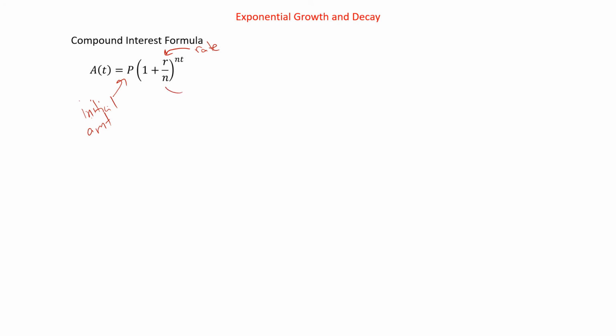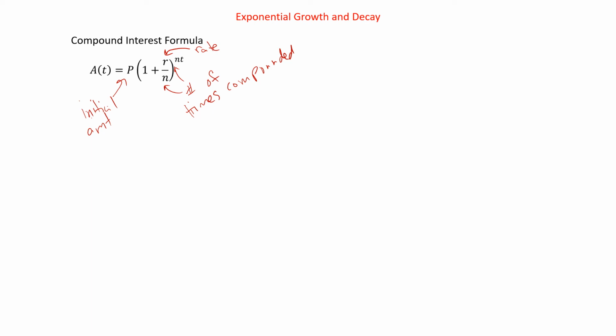N is the number of times it's compounded in a time increment, usually in a year, because it's going to be an annual percent. So N is going to be the number of times compounded. So if it's compounded quarterly, N would be 4. If it's compounded monthly, N would be 12.